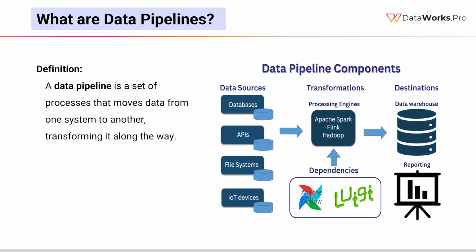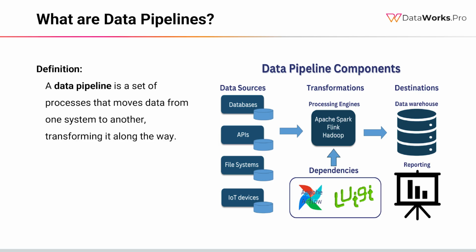What are data pipelines? A data pipeline is like a water pipe. It connects a source from where the data comes and a destination where the data is getting stored. In between, the data is filtered, cleaned, changed, and then saved.